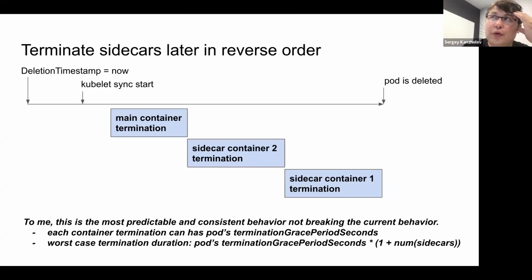I don't think we want to implement ordering right now. Do you think you need ordering for some scenarios that you have in mind? I may not understand what you're saying. We are planning to implement the termination ordering for sidecars, and I'm worrying about that implementation. That is my concern.